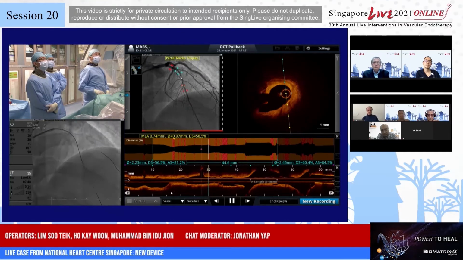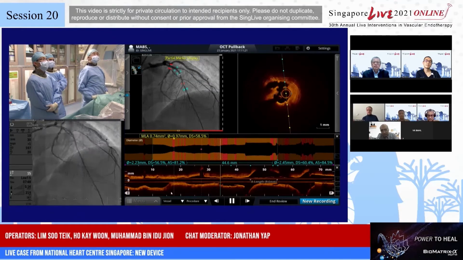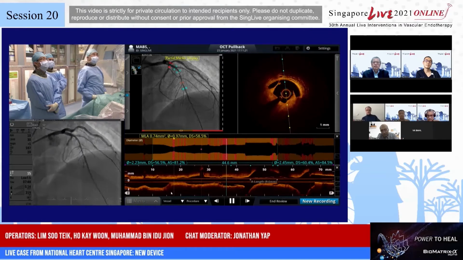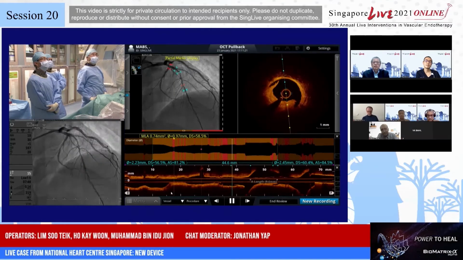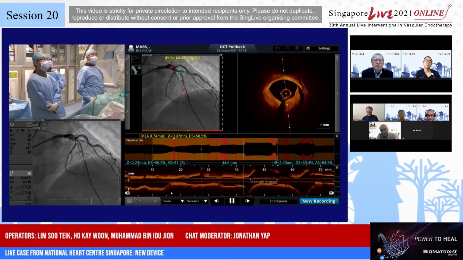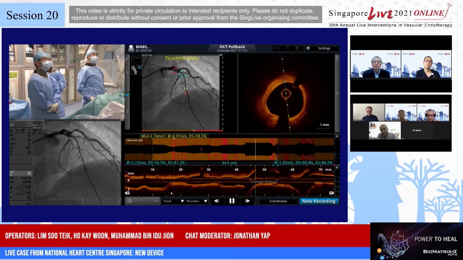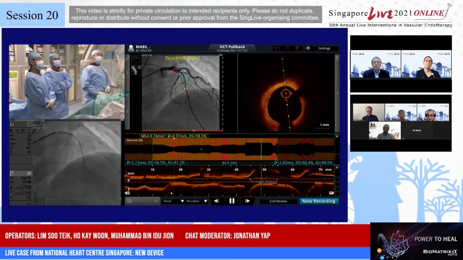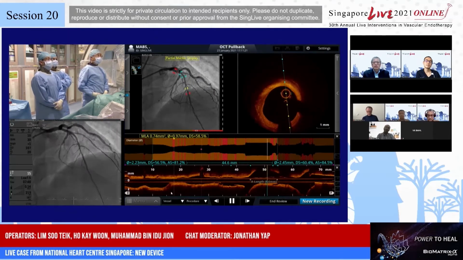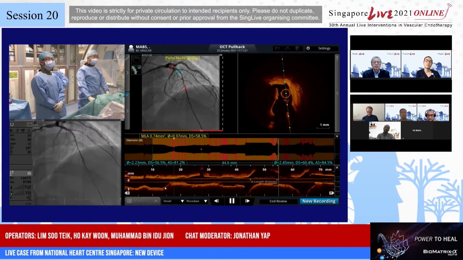Very short segment with some calcium, not too much. Here we can see the dissection. And we're coming to the diagonal. Here's the diagonal branch coming in, and proximal. So with that, probably we will need to cover the whole length.